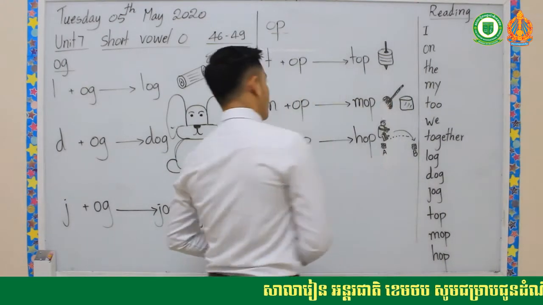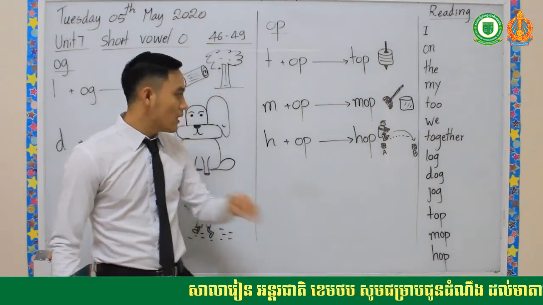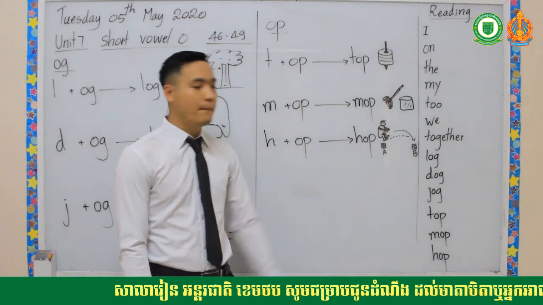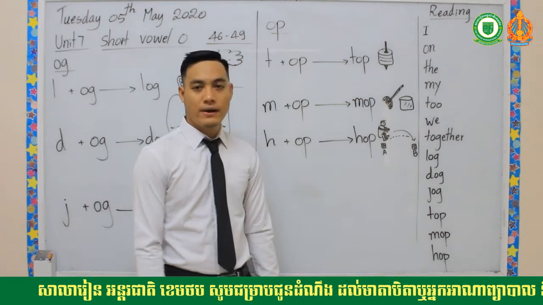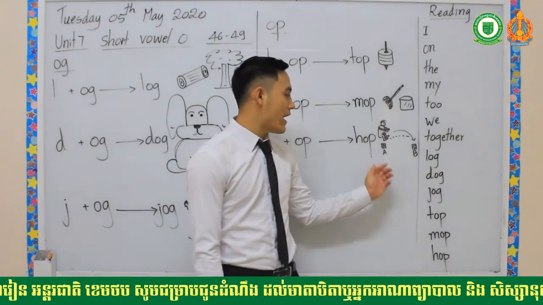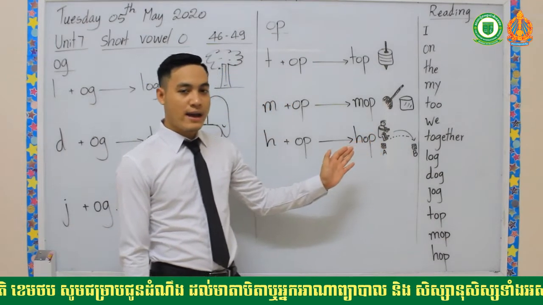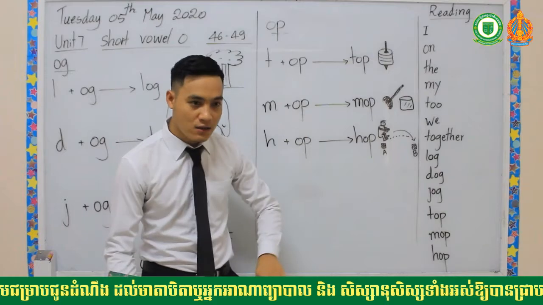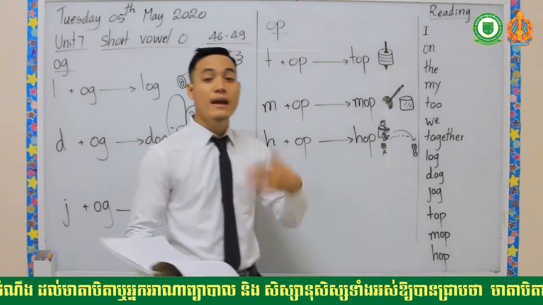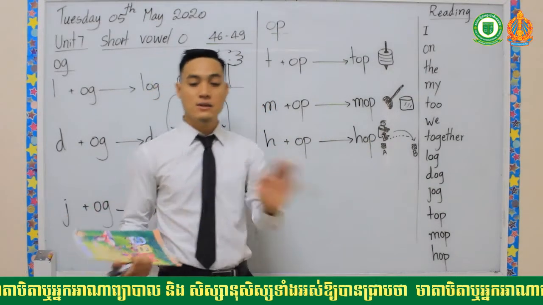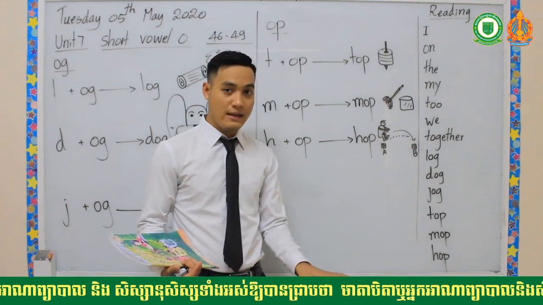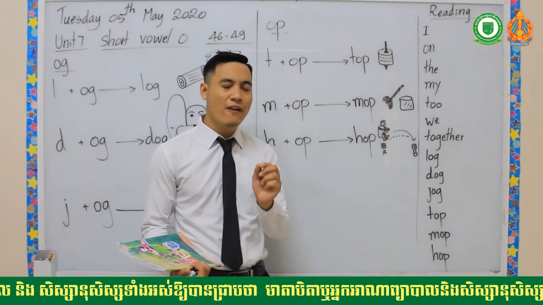Alright, so the last word of op is the word hop. Hop is a verb. Look at the picture right here. A boy tries to hop from A to B. Like a frog. You imagine a frog.